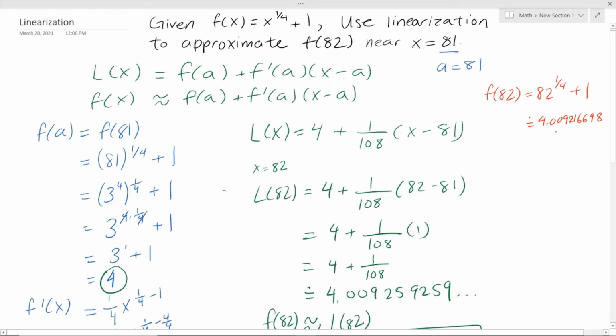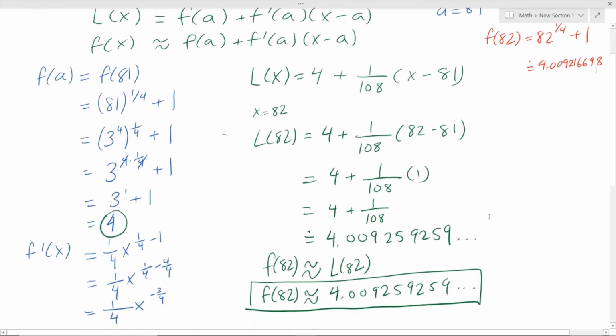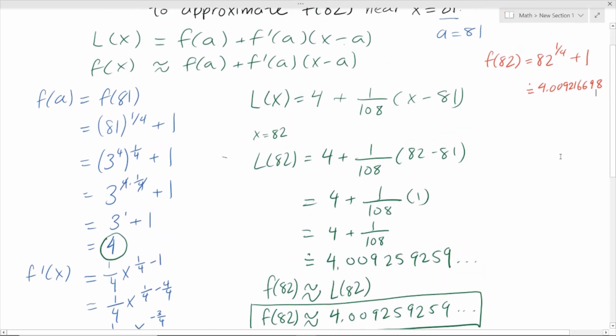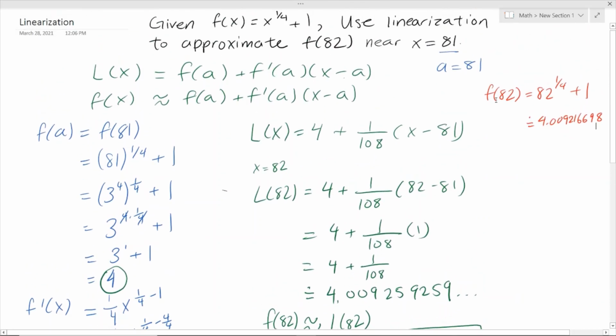So it's quite close to the value we found at the bottom here, 4.009259259. So this shows that our linearization question is done correctly because it is very close to f of 82.